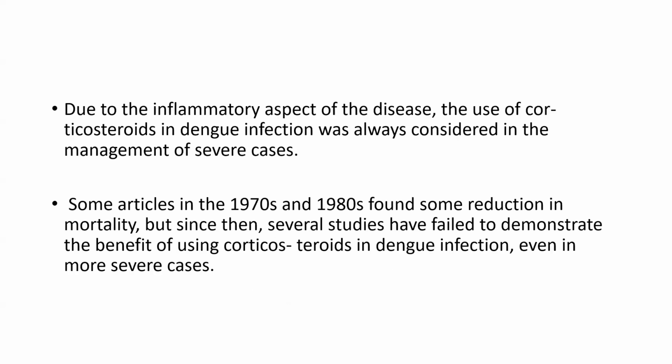Due to the inflammatory aspect of the disease, the use of corticosteroids in dengue infection was always considered in the management of severe cases. Some articles in 1970 and 1980 found some reduction in mortality, but since then, several studies have failed to demonstrate the benefit of using corticosteroids in dengue infection, even in the most severe cases.